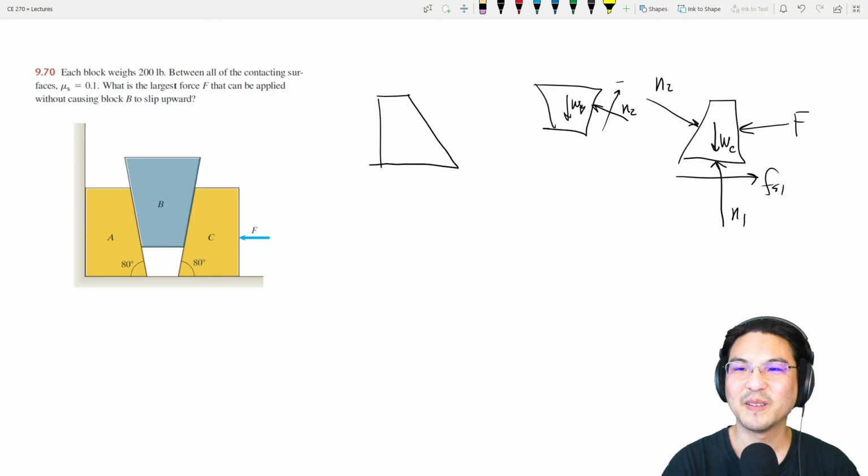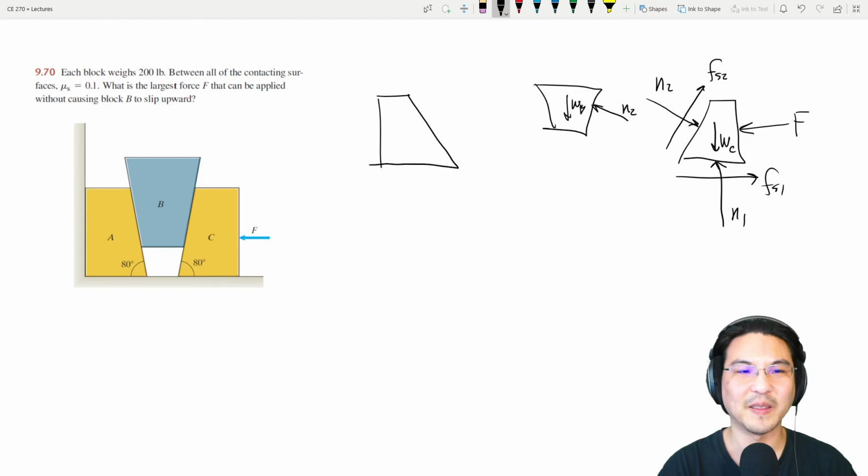If block C moves toward the left, then there's going to be friction from block B going this way. And then if block B moves up, then there's friction this way opposing the motion on both of these. And then there's a normal force here.